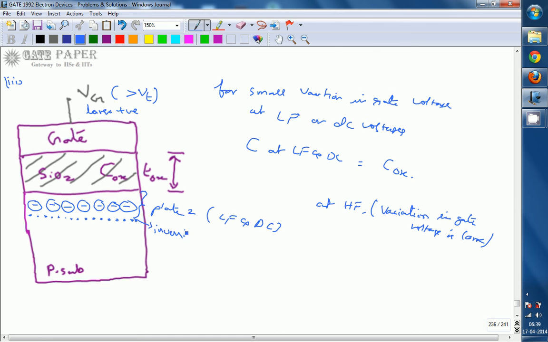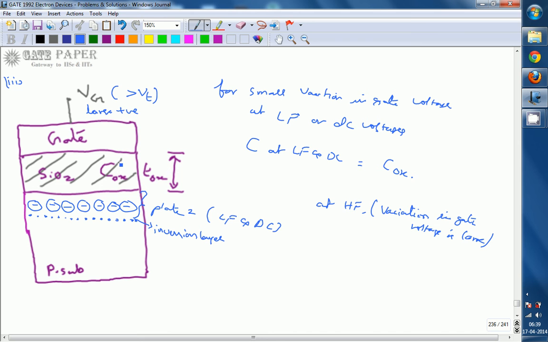So there is a very high variation in the inversion layer, whereas the depletion region, with negative ions, will not change because they are immobile. Even though you are applying more positive voltage or higher frequency, that will not be affected much because they are immobile.